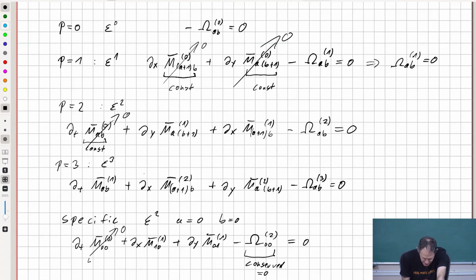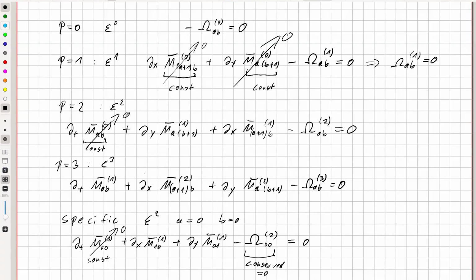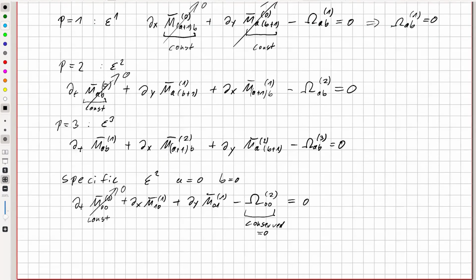It's okay, the moment itself is not necessarily 0, but it's constant, so its derivative is 0. So these things disappear. We can write it down: m 0,0 to zero order is rho to zero order. This is constant.